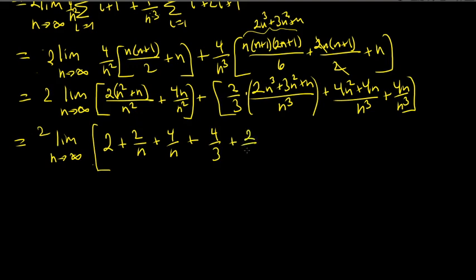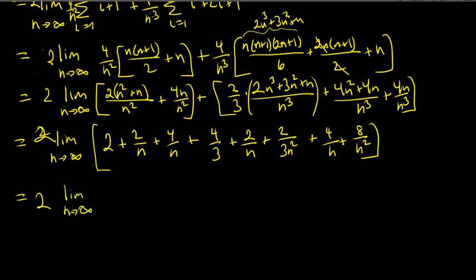So I think this is 2 over n plus 2 over 3n squared. And then here, we're just going to get 4 over n plus 4 over n squared plus another 4 over n squared. So let's just make that 8 over n squared. And this is all times 2 in front, right?